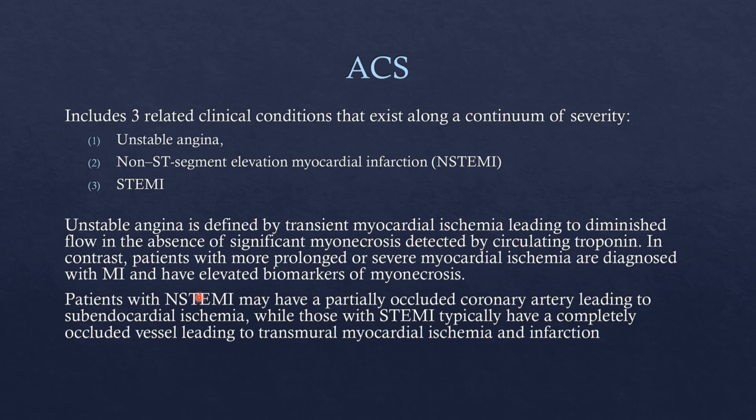In contrast, patients with more prolonged or severe myocardial ischemia are diagnosed with MI and have elevated biomarkers of myonecrosis. So the thing that differentiates unstable angina from STEMI and NSTEMI is the increase of the circulating troponins. Patients with NSTEMI may have a partially occluded coronary artery leading to subendocardial ischemia, whereas patients with STEMI typically have a completely occluded vessel, and that leads to transmural myocardial ischemia and then infarction.